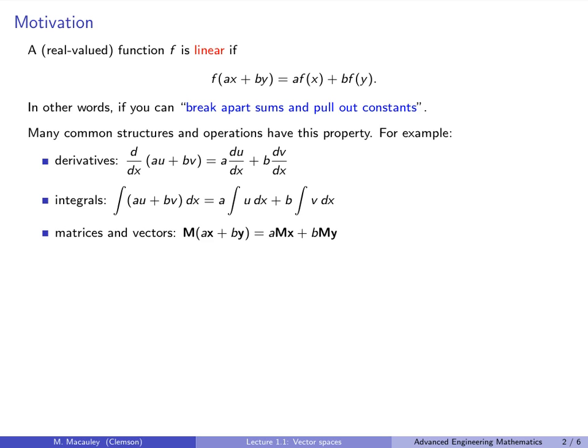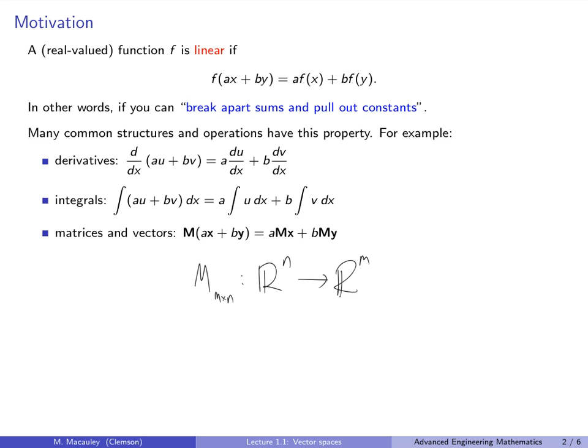Matrices and vectors have this property. A matrix M times ax plus by is equal to a times Mx plus b times My. Now, some of you already know this, but the reason why is because a matrix M, if M is m by n, then that secretly represents a linear function from Rn to Rm.